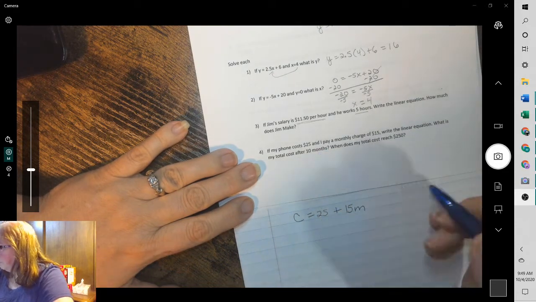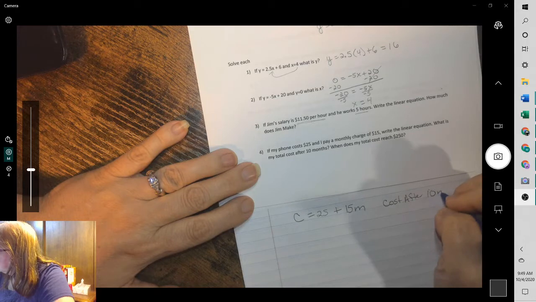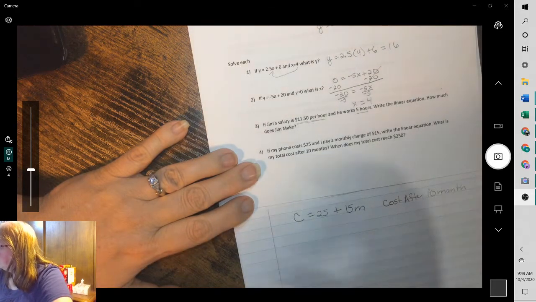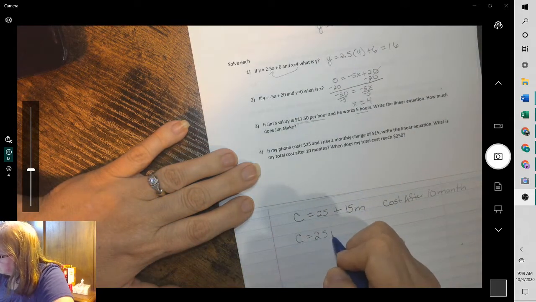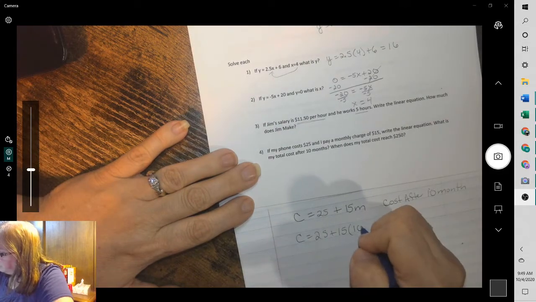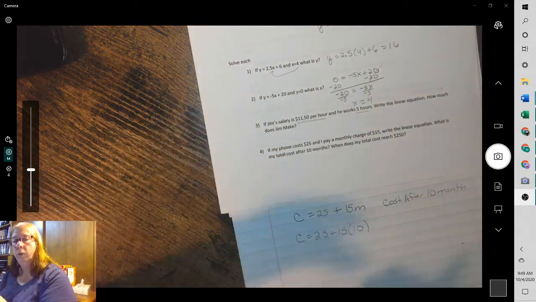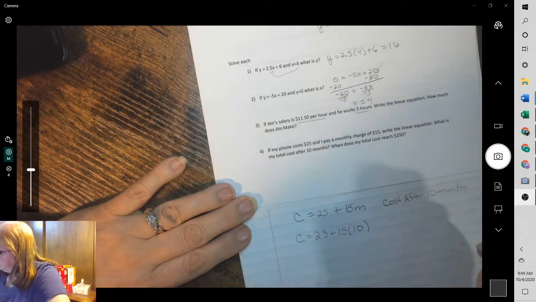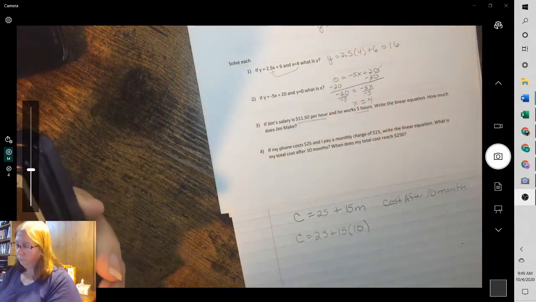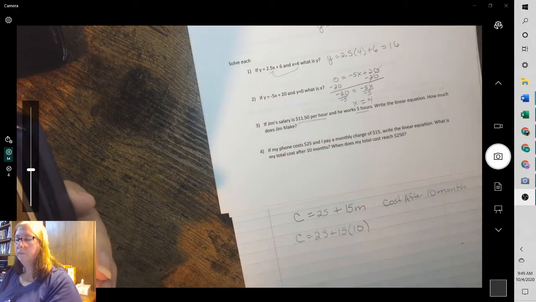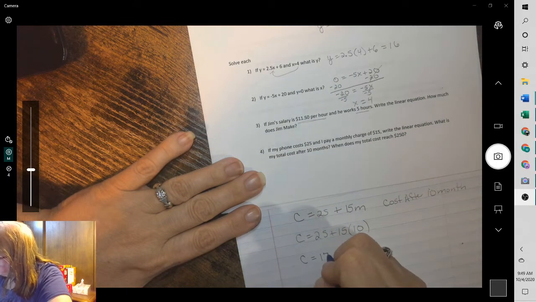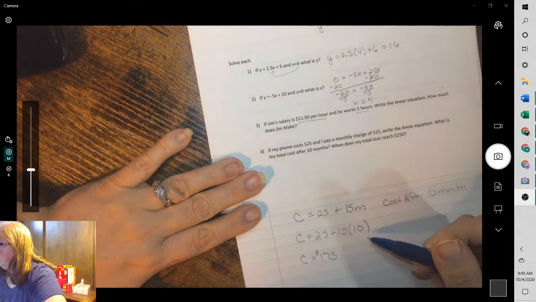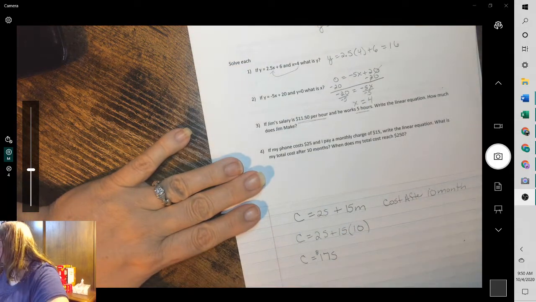What is my total cost after 10 months? Well, they're giving us months. We put it in for month. I always put parentheses when I go to plug something in so I keep that whole amount together. And we get 175. So my total cost after 10 months is 175.